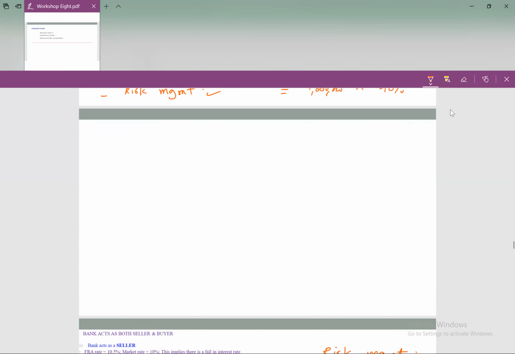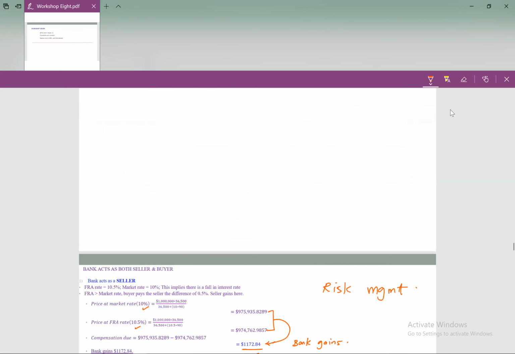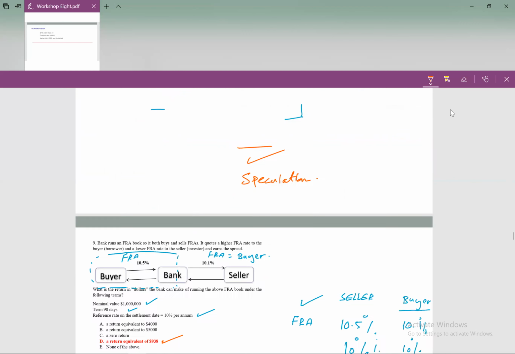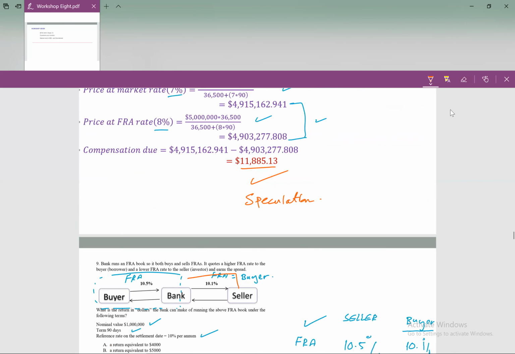Is the bank smart in putting itself here with the same amount here and here, which means the exposure is 1 million here and 1 million here, it will never lose. The problem is when this becomes, for example, 5 million, and this is 1 million.